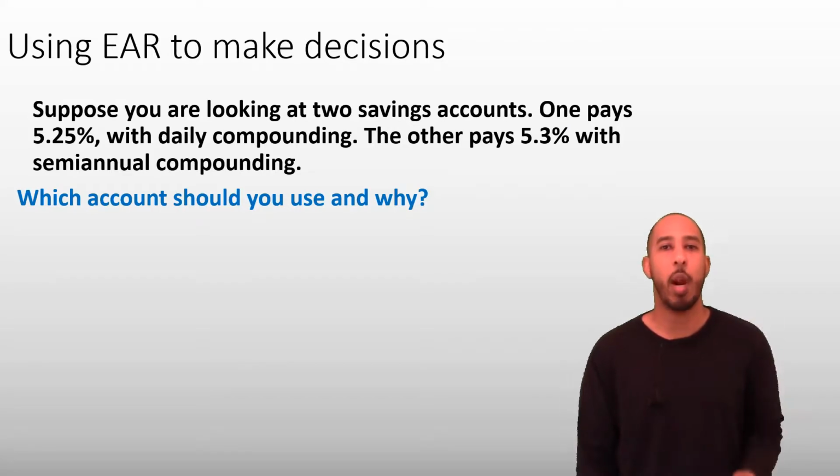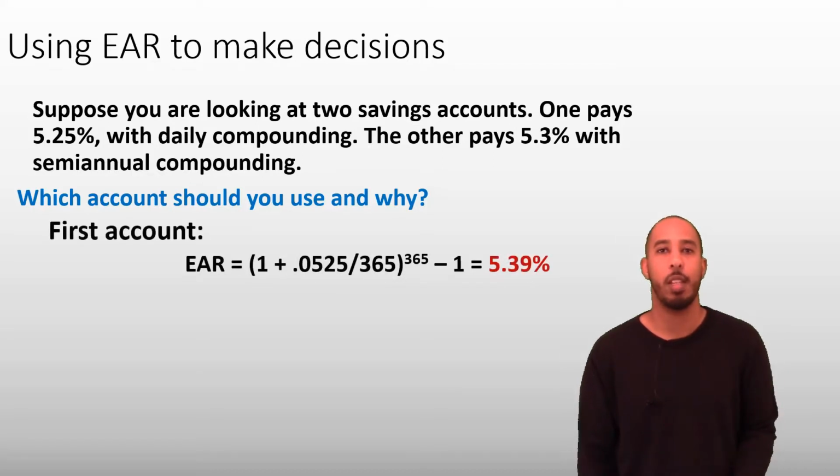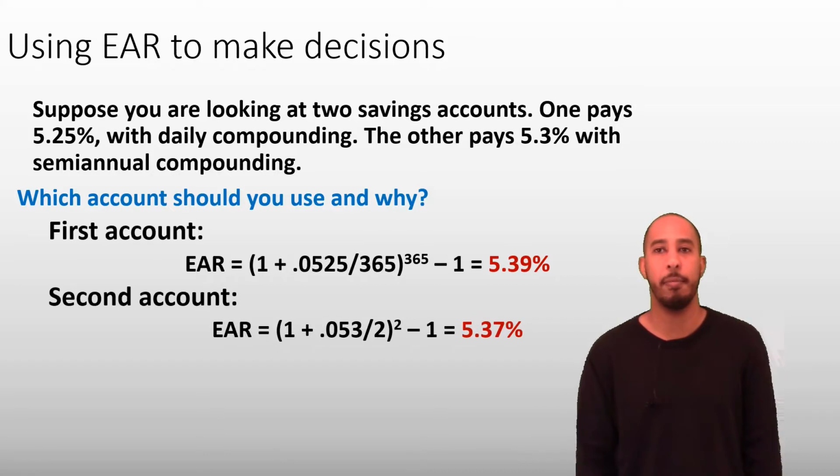Notice that we can't directly compare the APRs. The second account has a higher APR, but less frequent compounding. So better in one dimension, but worse on the other. The only way to make these rates comparable is by converting them both to effective annual rates. So the EAR on the first account is 5.39%, and the EAR on the second one is 5.37%.